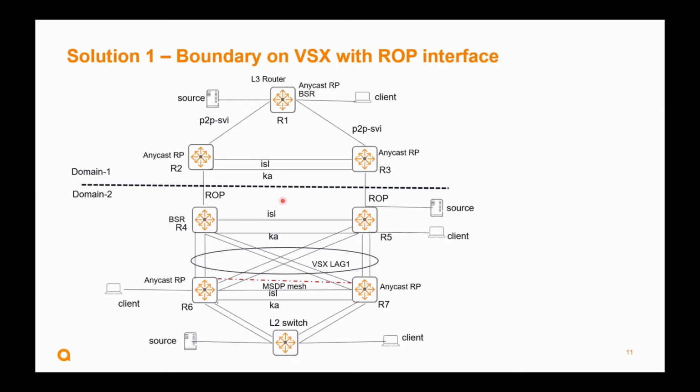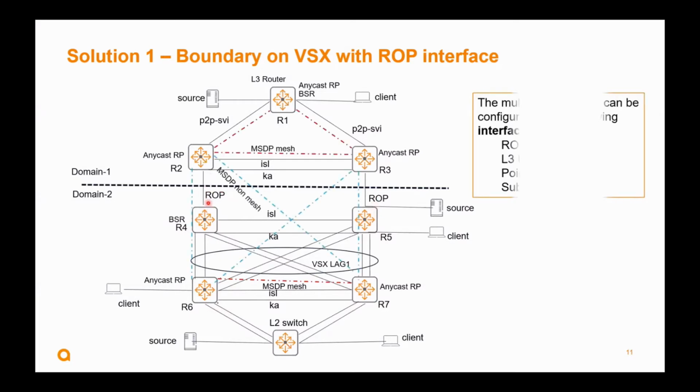Then we have our edge BSR, R4, and R5 is the routed port for the connection between the domains. On top, we have a full mesh because we have Anycast rendezvous points running there, and between the domains it's not fully meshed, we're just connecting the rendezvous points inter-domain.